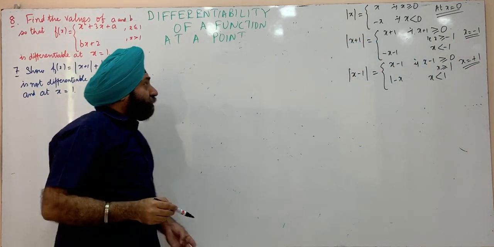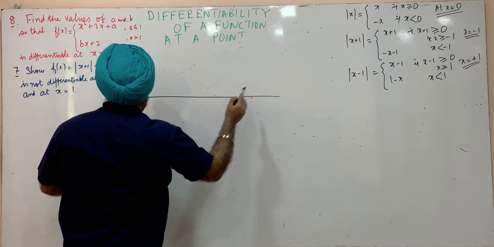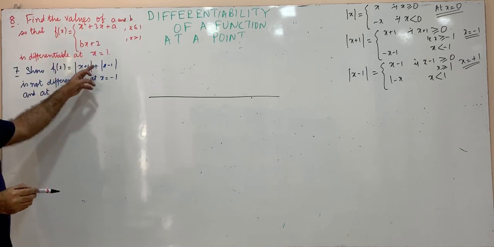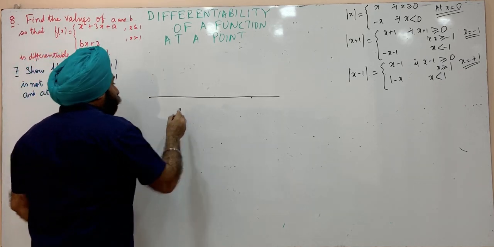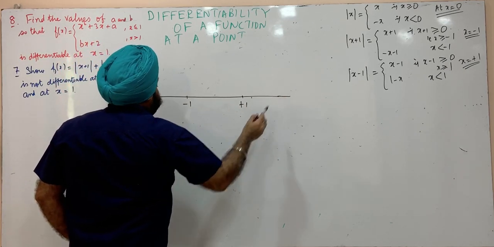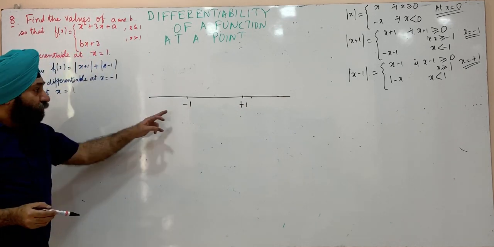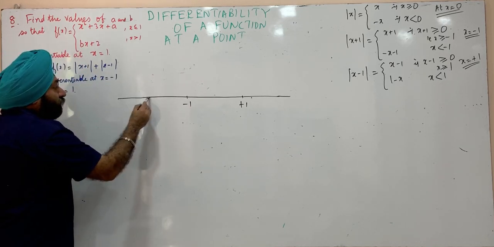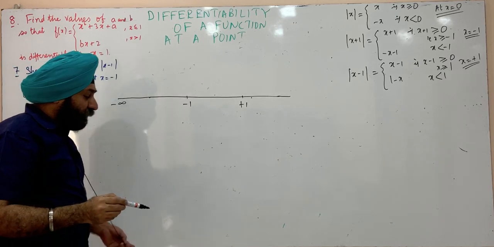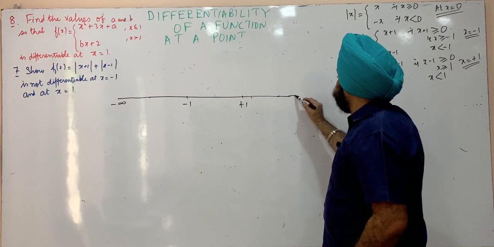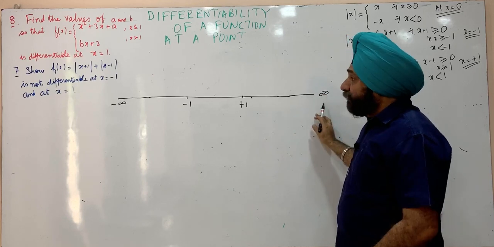On the number line, we show the two critical points, for this and for this. Critical points are minus 1 and plus 1. The two critical points divide the number line into three parts: minus infinity to minus 1 first part, minus 1 to plus 1 second part, 1 to infinity third part.